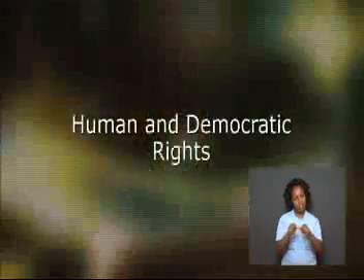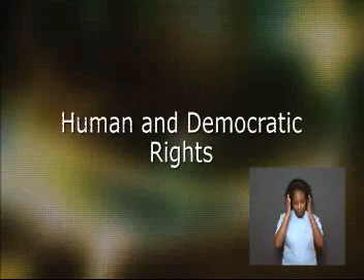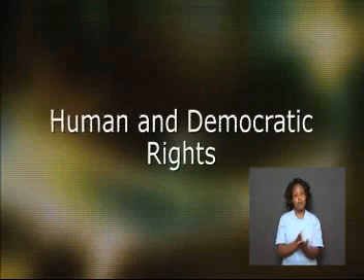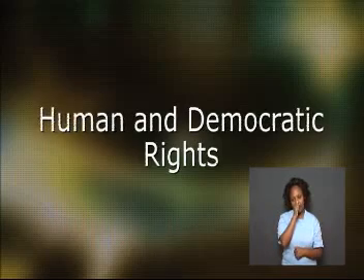Let us move on, students. In this lesson, we will focus on human and democratic rights as they are set out in the Ethiopian Constitution. Are you ready to begin?